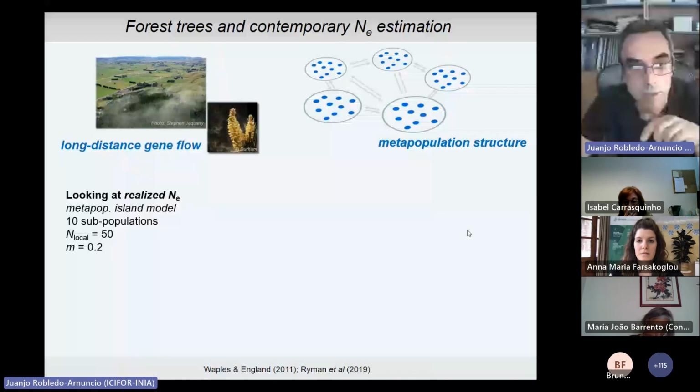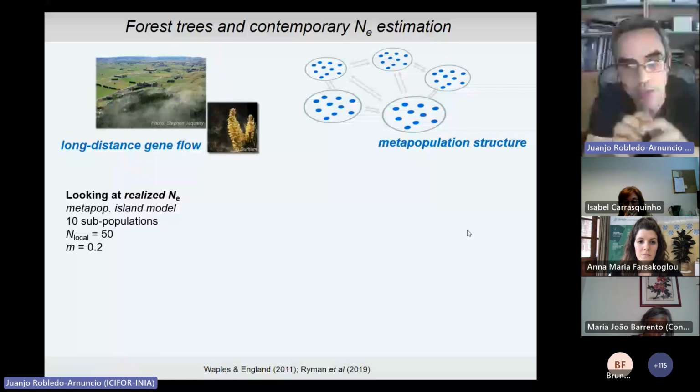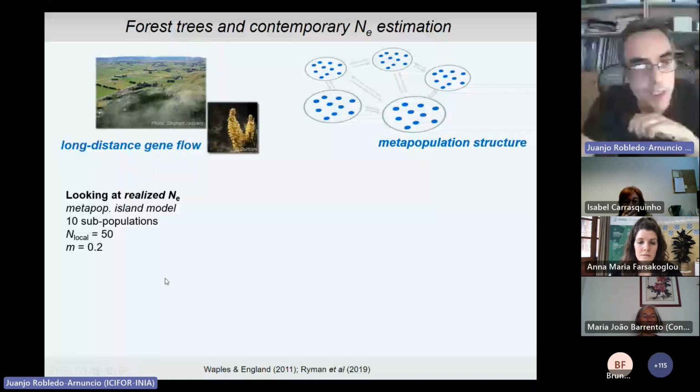So what happens in this case? One potential way to look at it, as Ryman and colleagues did, is to look at the realized effective size in simulated metapopulations. In their case, they consider 10 subpopulations with a local size of 50 and a migration rate of 0.2.